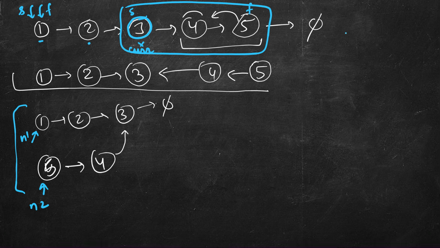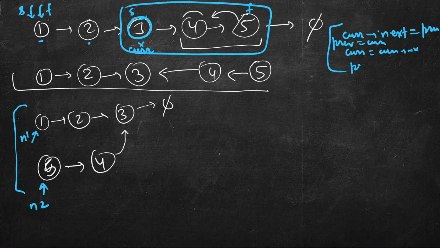So the way to reverse is current next is previous. Whatever was the previous, we make it next. And then we advance: first previous equal to current, and current equal to current next.